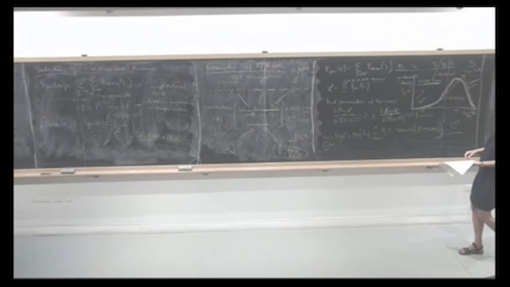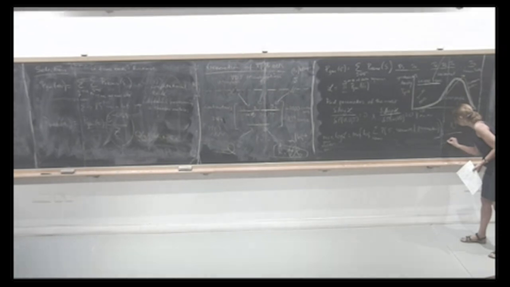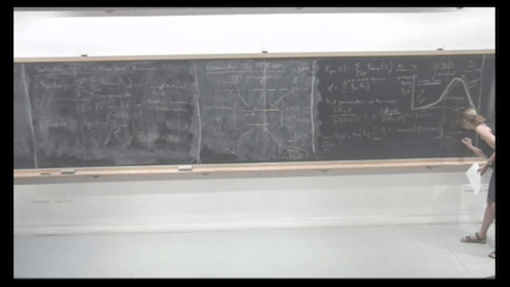I can tell you another tidbit of data, which is that during thymic selection, you keep about 15% of sequences but only 2% of diversity. And I'll tell you what that means later.